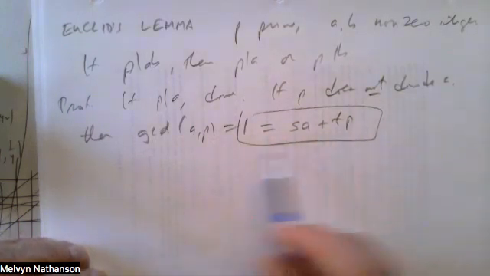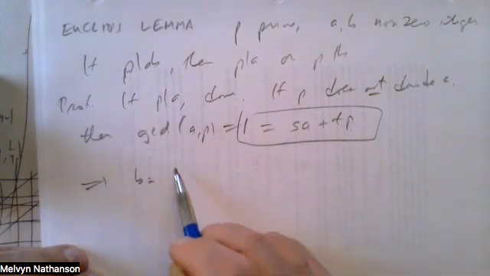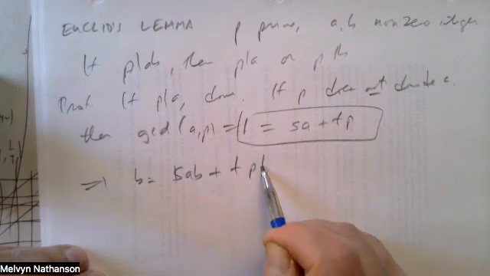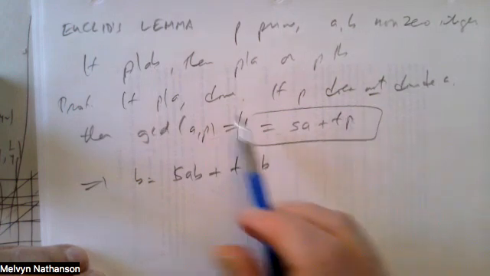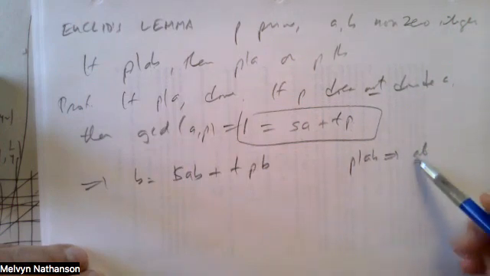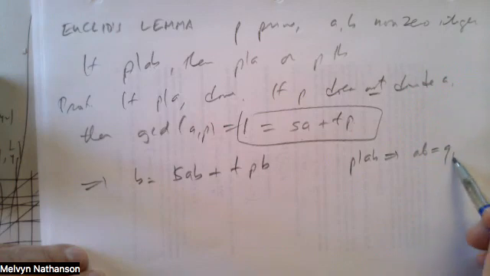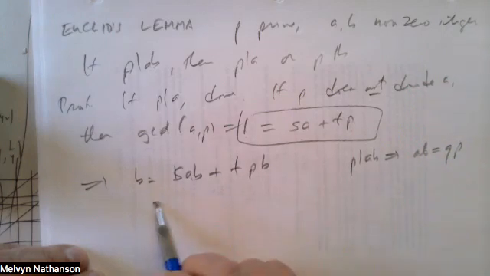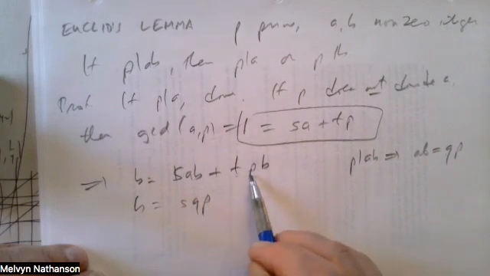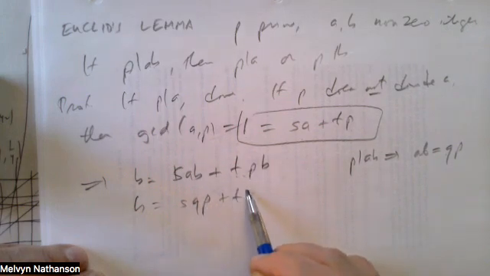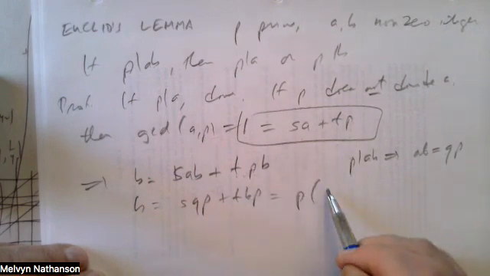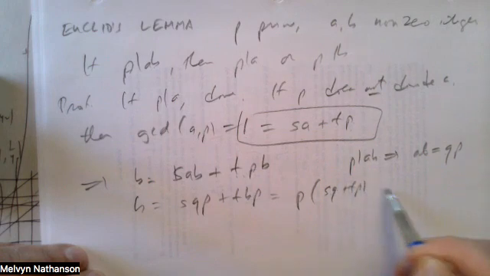Multiply this equation by B. You get B is SAB plus TPB. But we're told that P divides AB. So AB is Q times P for some quotient Q. So B is equal to SQ times P plus TB times P. If I factor out the P, I get P times (SQ plus TB).